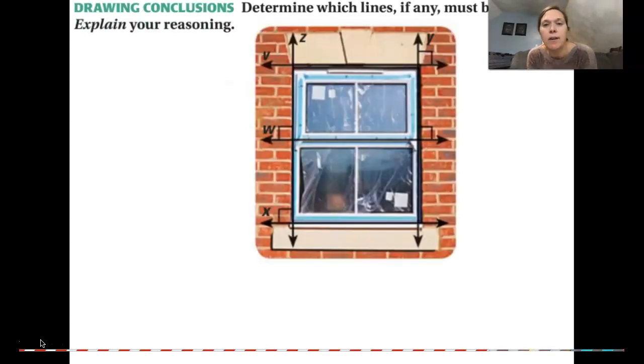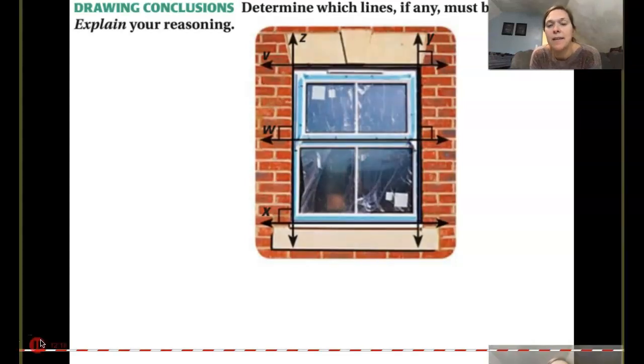All right, next one. Looking at this diagram here, it's kind of hard to see the square boxes and the angles, but hopefully you can see them. Determine which lines, if any, must be parallel. Please check all that would apply in the multiple choice question.